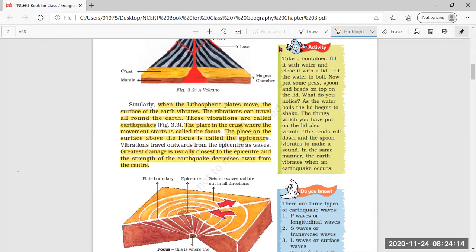As the waves decrease away from the center, the vibrations and the destruction decrease, but most of the destruction will be made near the epicenter.